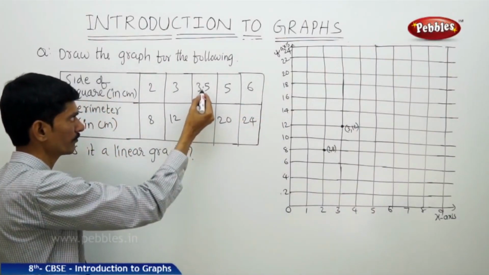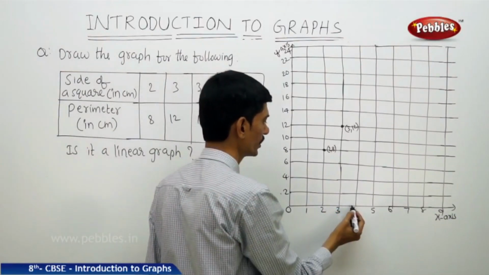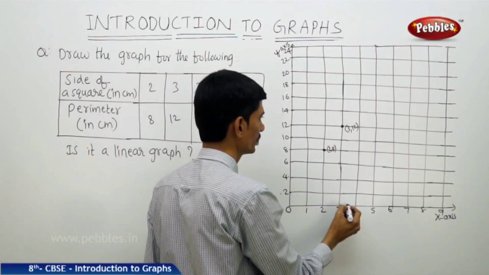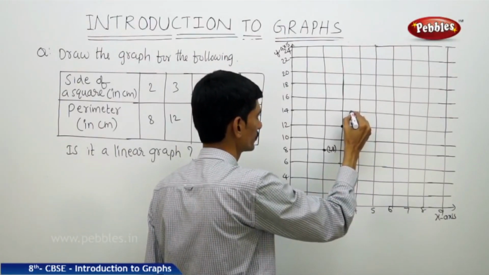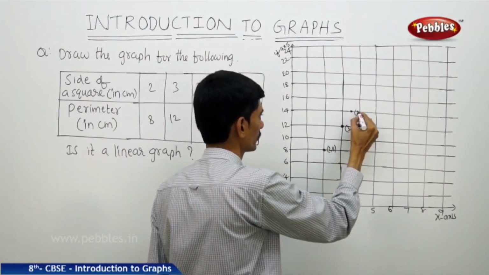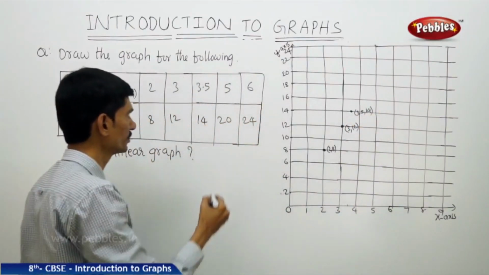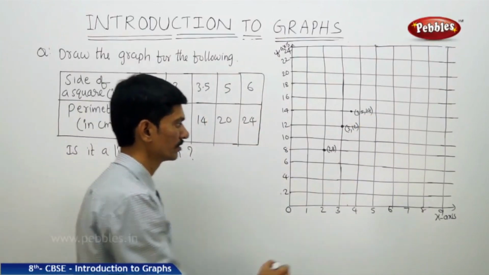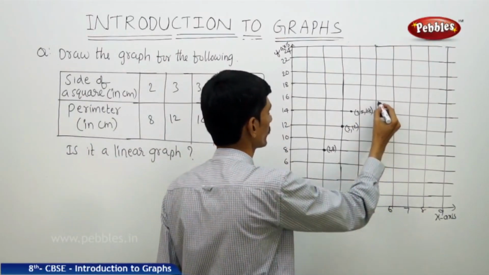Next point is 3.5, 14. So 3.5 means between 3 and 4, so this is 3.5. So 3.5 and 14, this is the point 3.5, 14. And the next point is 5, 20. So on the x-axis 5, on the y-axis 20.